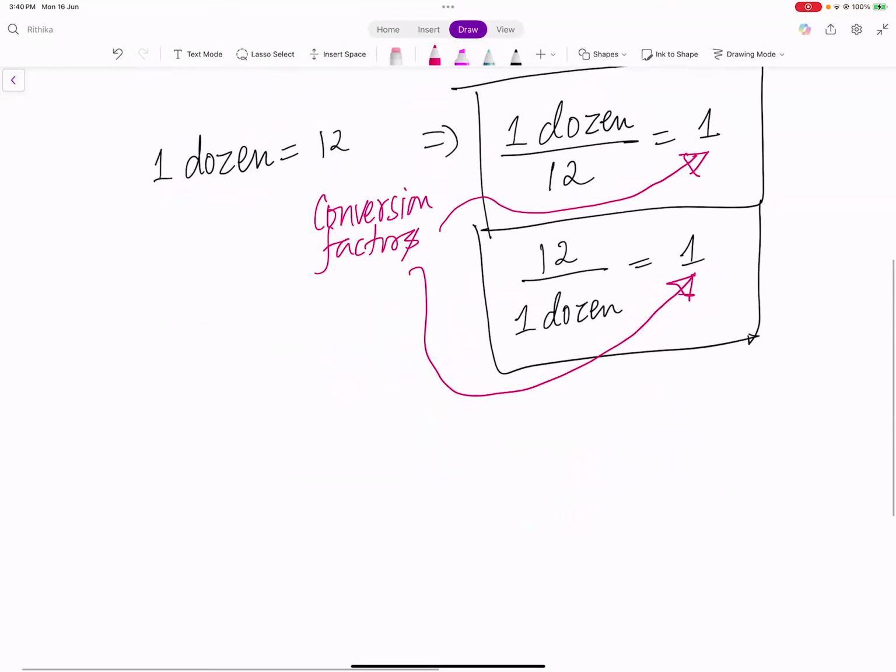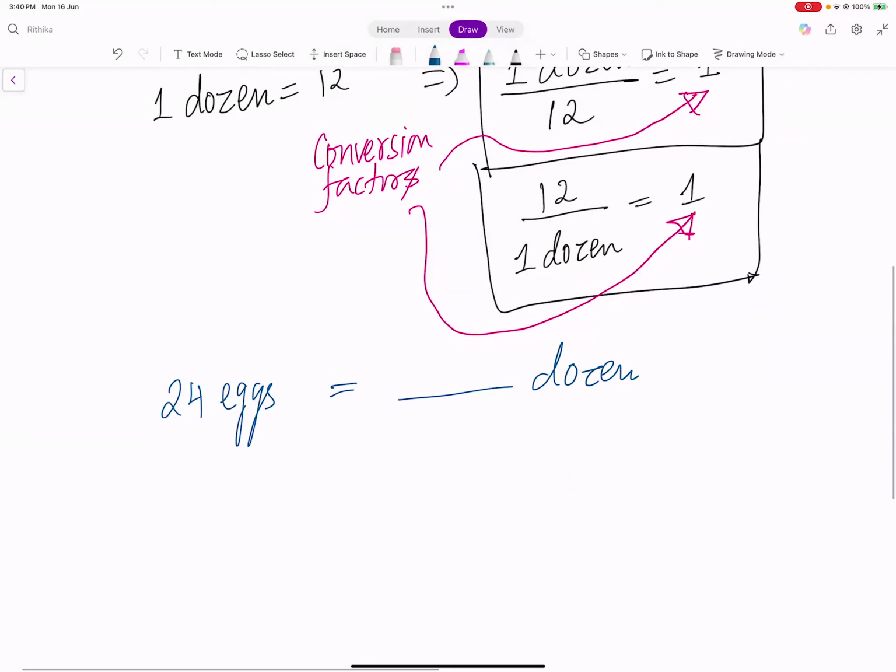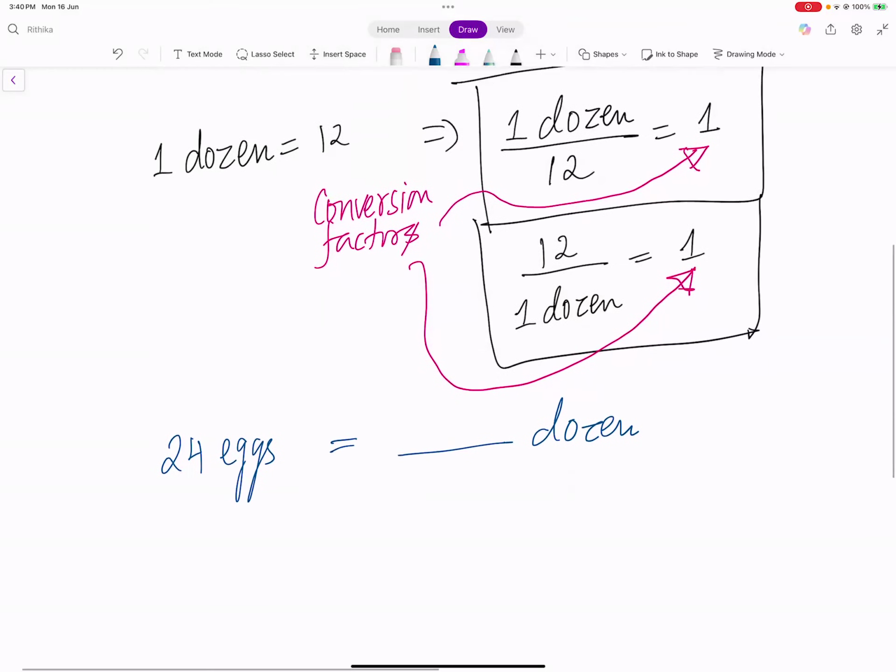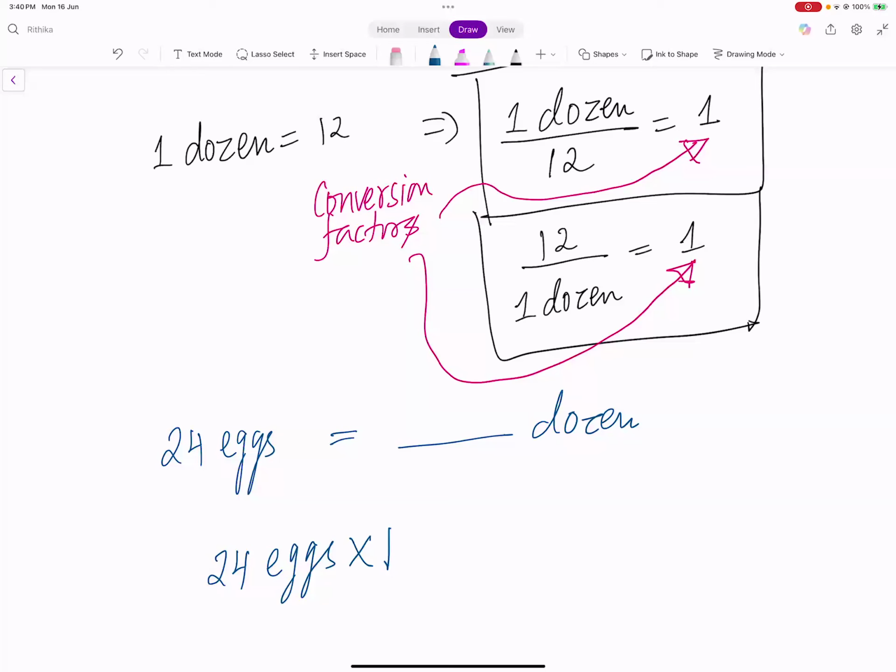Now when we say 24 eggs is equal to dash dozen, so suddenly we start dividing. Actually what is happening is this: 24 eggs, and the only thing I can do is multiply this by 1. So I have two conversion factors, one is this and the other is this.